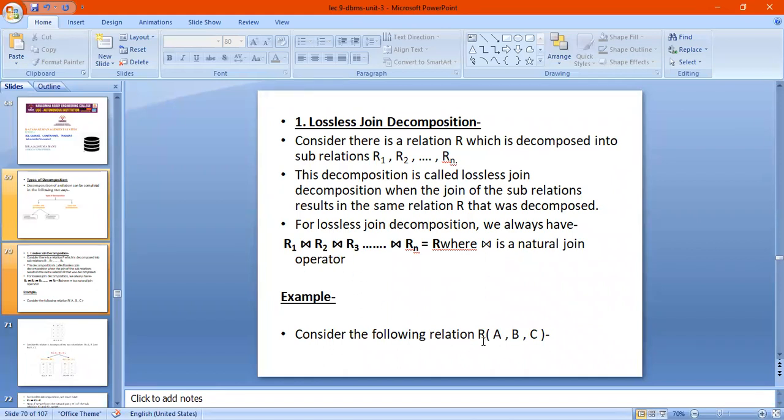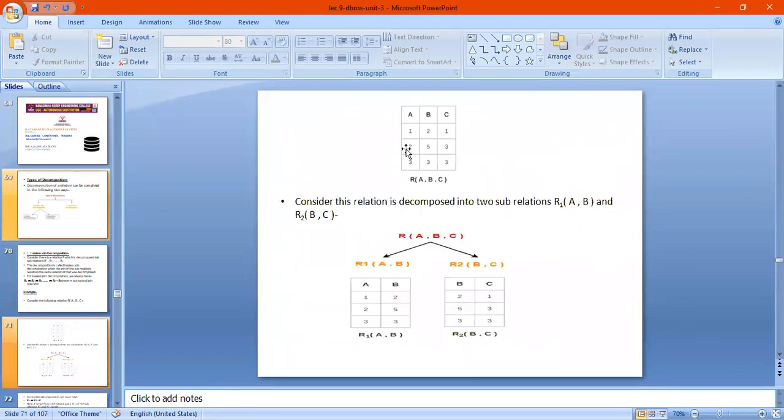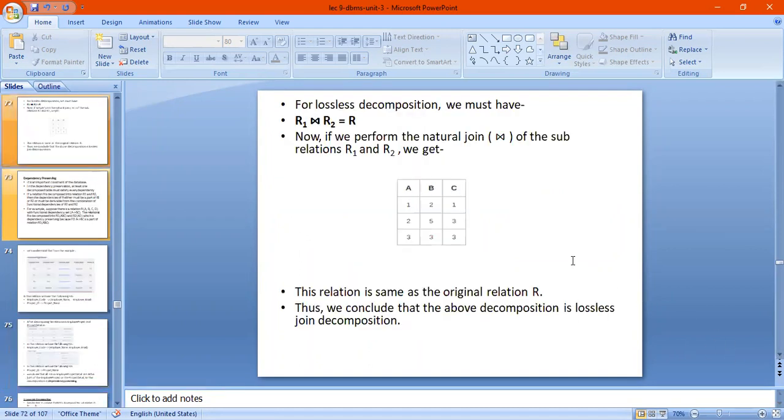Consider the relation R with attributes A, B, C. We went through this yesterday, but for continuation's sake we have to do this. These are the contents in ABC. This is the relation table. Let us decompose the relation into two sub-relations, where R1 has attributes A and B and R2 has attributes B and C. These are the child structures.